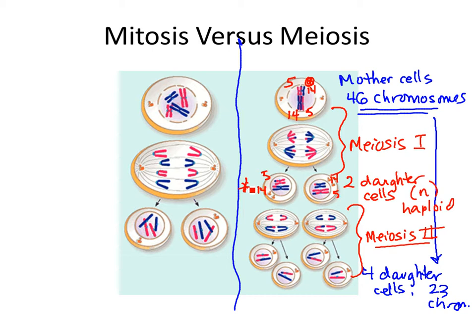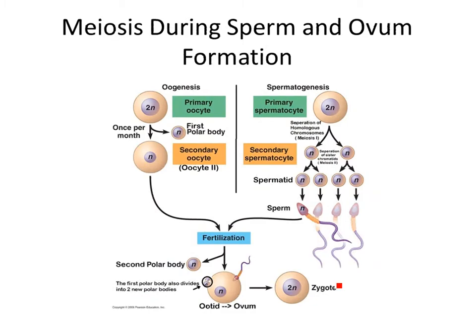So at the end of meiosis 2, you wind up with 4 daughter cells containing 23 chromosomes apiece in a non-duplicated state. So they no longer look like X's or H's. All right, so that's an overview of what has to happen during meiosis.